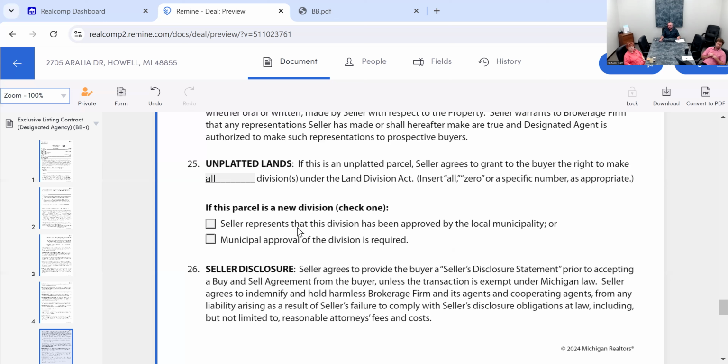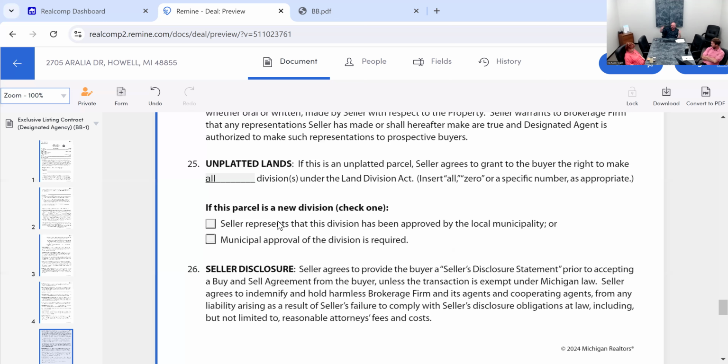Well, it may be that for part of the transaction, they haven't even started the process yet. I listed a house with about 10 acres all along the road, and they were trying to sell the southernmost 3 acres, but they were kind of flexible. They were waiting for the buyer to come along to say, okay, we actually want 4 acres or 2 acres.